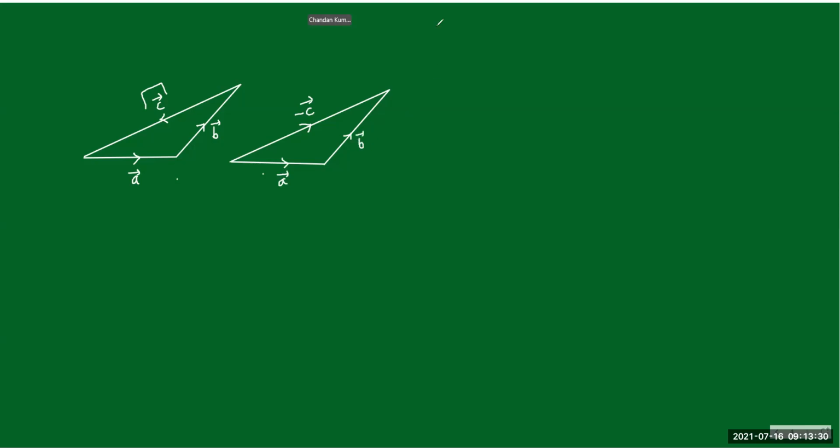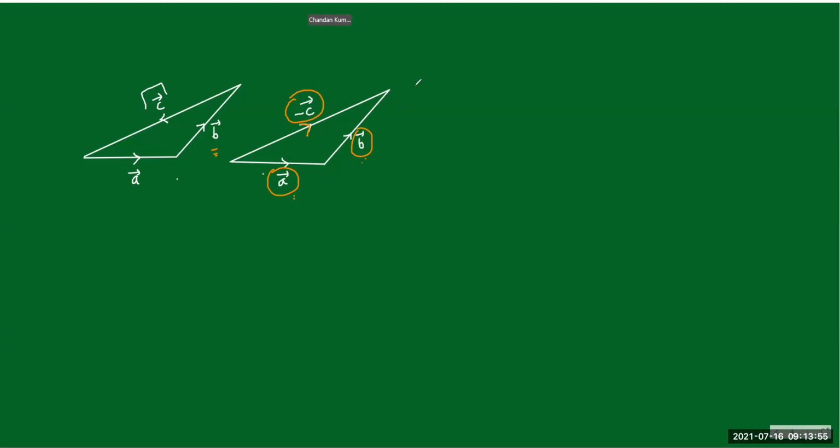And you can realize that this is the resultant of these two as per the triangle law, isn't it? The third vector is in the reverse order, so this must be representing the resultant of A and B. Do you realize this fact?